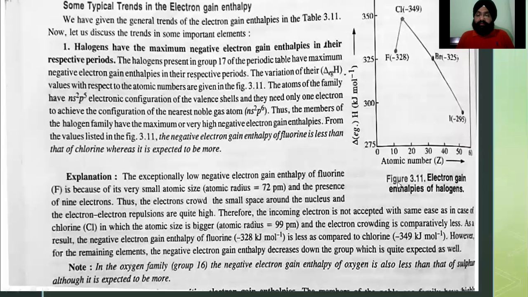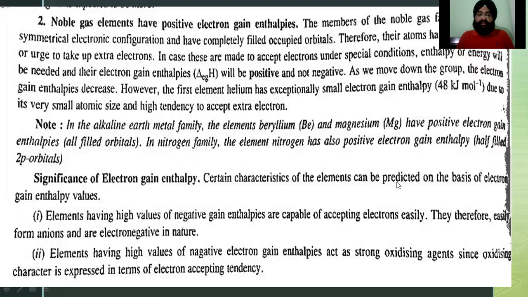Next we have noble gases. In the case of noble gases, the electronic configuration is symmetrical and fully filled, and these gases do not have any urge to take up an extra electron. So in these cases, the electron gain enthalpy is positive and not negative.